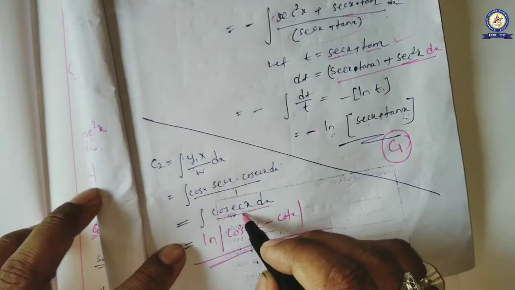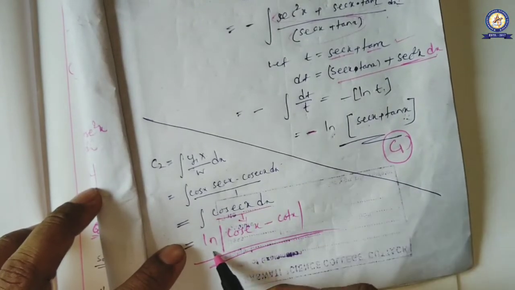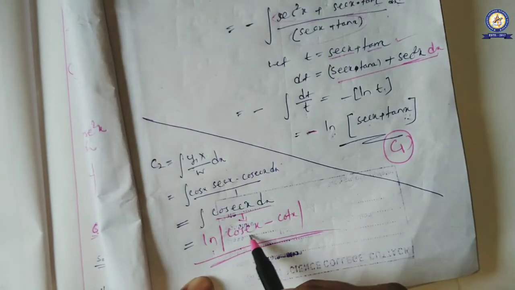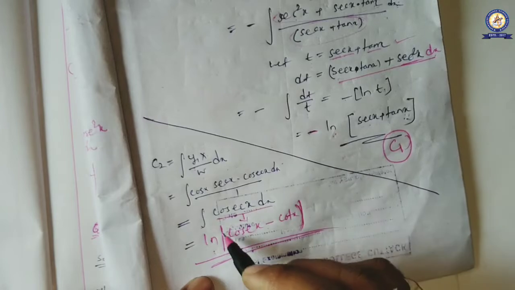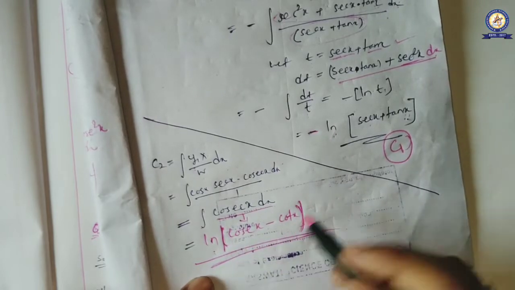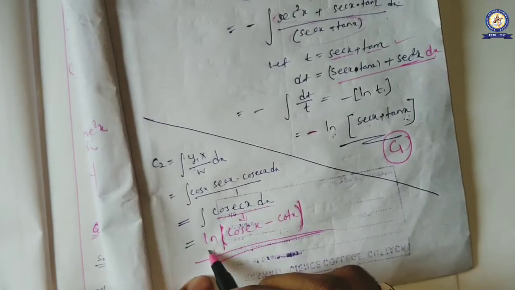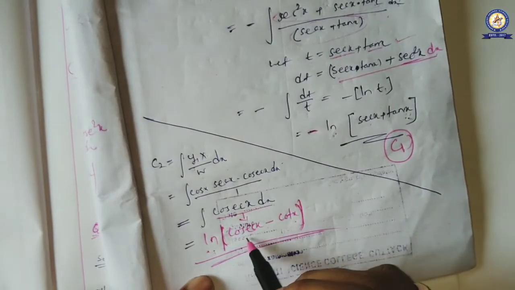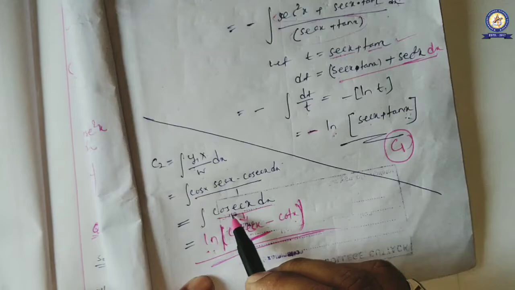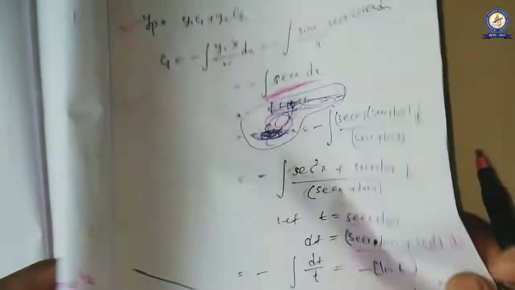And the integration of cosec x dx is nothing but log of cosec x minus cot x. You can put mod, or no need to put mod, no problem. So this is the log of cosec x minus cot x, the integration value of cosec x.